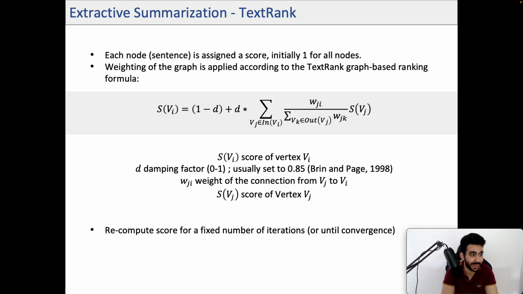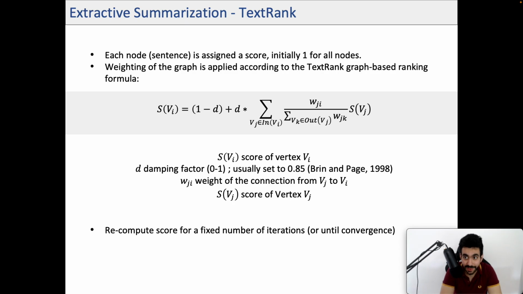Again, Wjk is the weight of the connection from sentence J to sentence K. And then multiplied by S of Vj, which is the score of the vertex J, and do that again for all the vertices inbound towards vertex I.